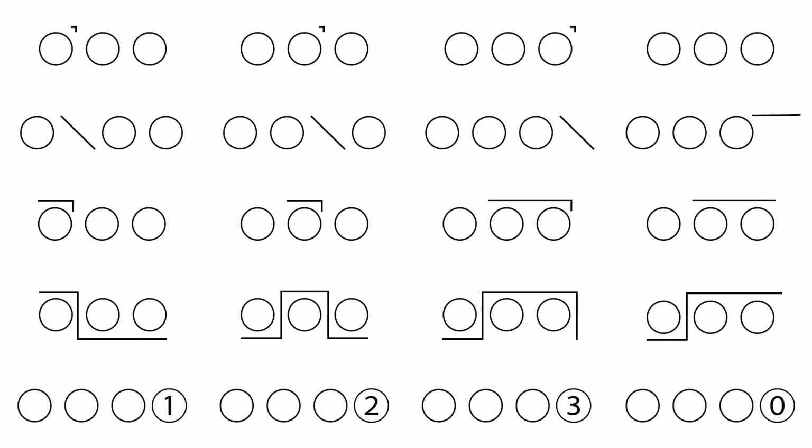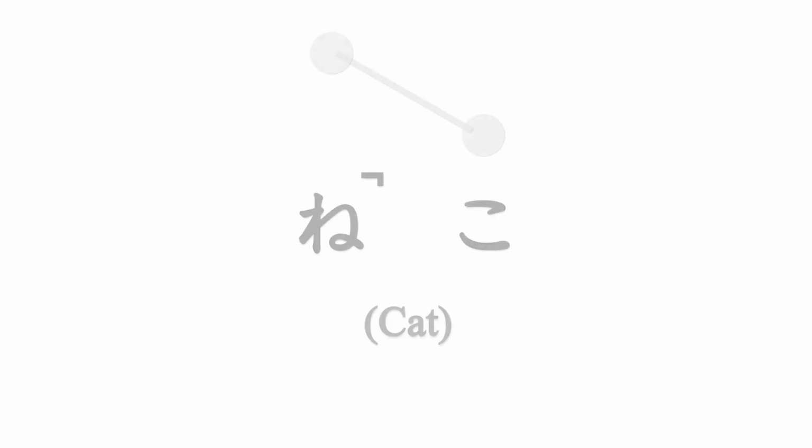There are a lot of different pitch accent notations, but in my videos, I'll use this one. For example, neko. This shows the accent is on the first syllable, and then the pitch drops after the first syllable.